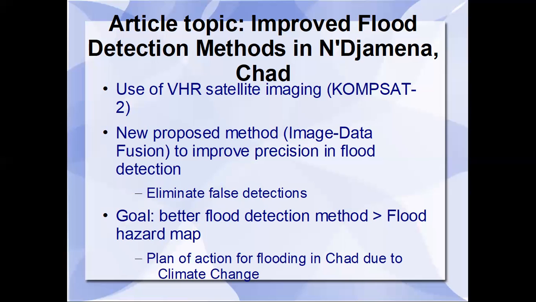The goal of this experiment was to eventually lead to data that was best suited for a flood hazard map. The area of Chad is very flat and subject to flooding caused by heavy rain by tropical cyclones. This is predicted to become worse with climate change. A hazard map is to be made in efforts to be better prepared for this climate change.